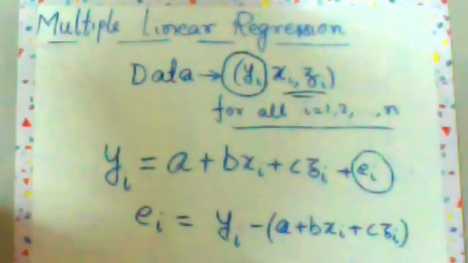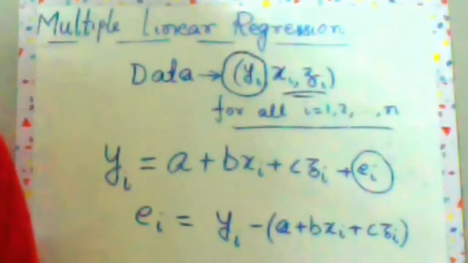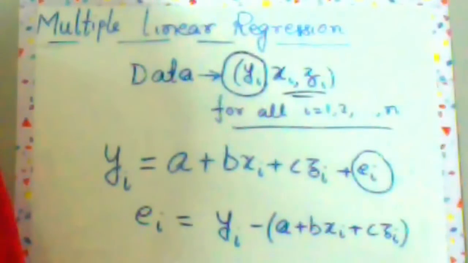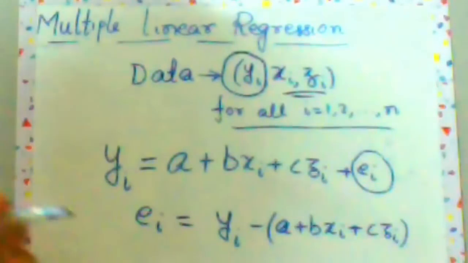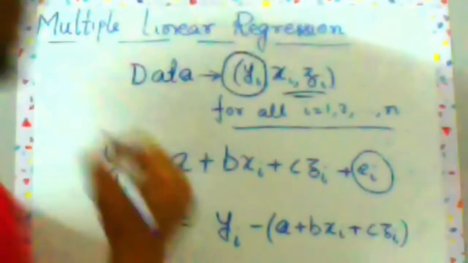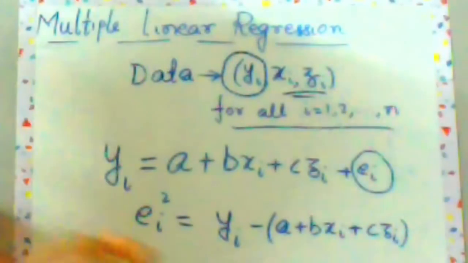Now over here, as we have done before for the linear regression, in which we just had one predictor or one independent variable, we would not be doing any analysis with this directly, but we will be doing error square or residual square.